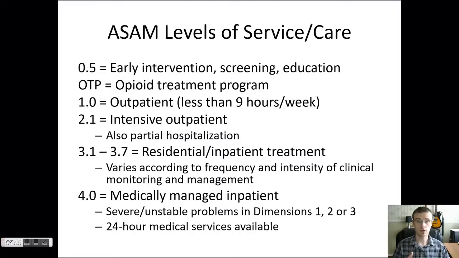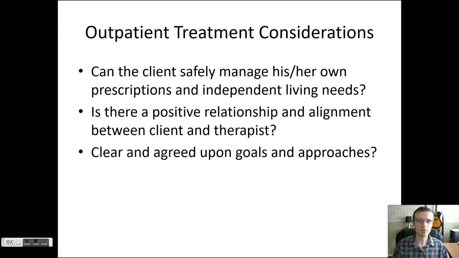The first one being severe withdrawals and intoxication, the second one being severe mental health difficulties, where the person may be actively suicidal, and then the third being medical issues that have become out of control and require immediate hospitalization. I think I got those in the wrong order. Yeah, it's withdrawals, medical, and then mental health. But you'll get those.